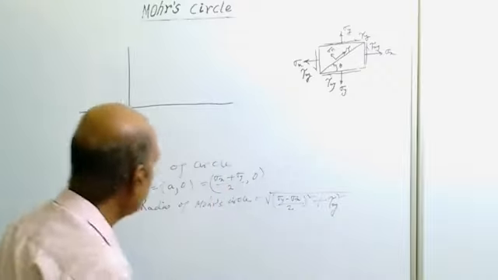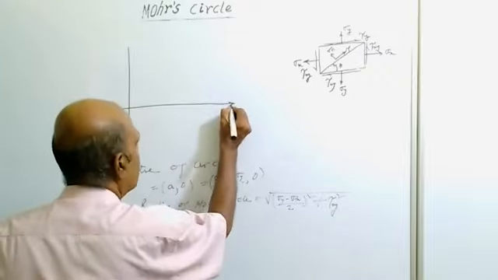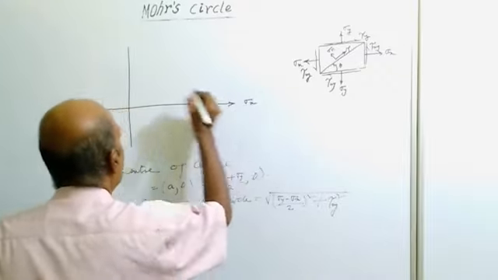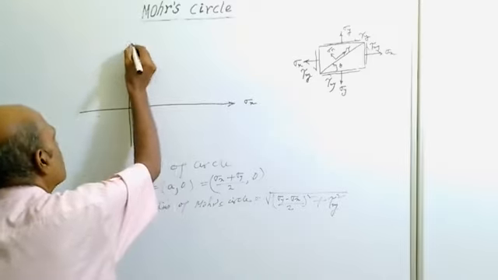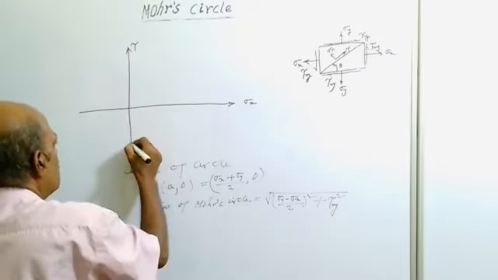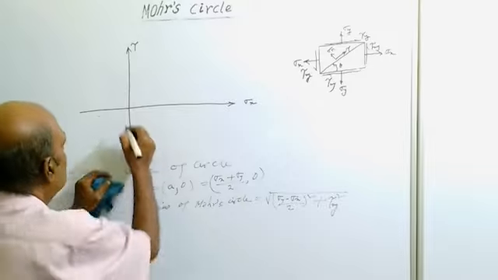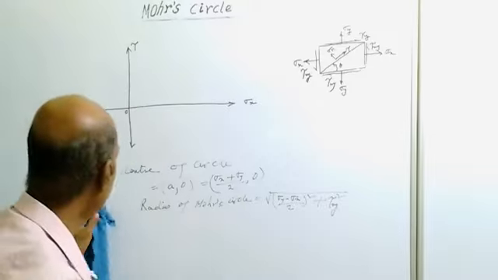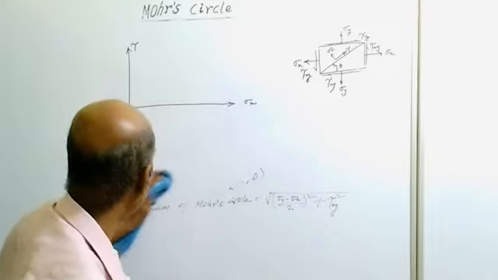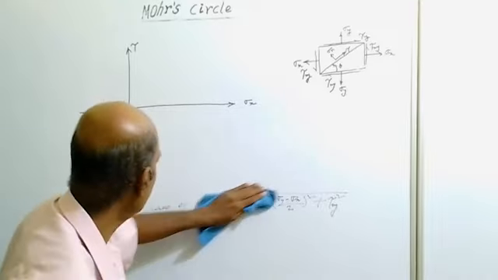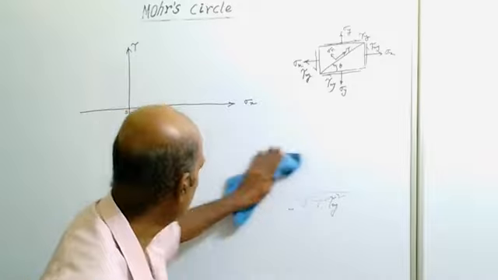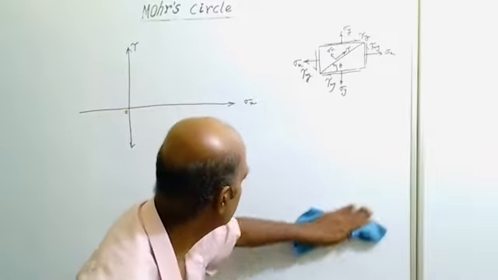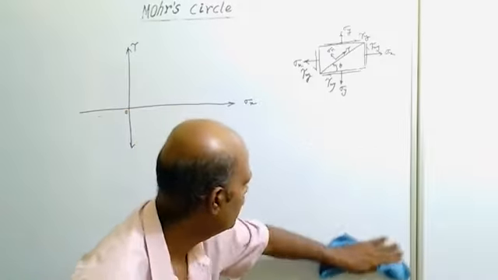Draw two axes perpendicular to each other, the sigma axis and the tau axis. This side also. So, this is the origin. Origin is at O. So, we have drawn the sigma axis and tau axis perpendicular to each other.